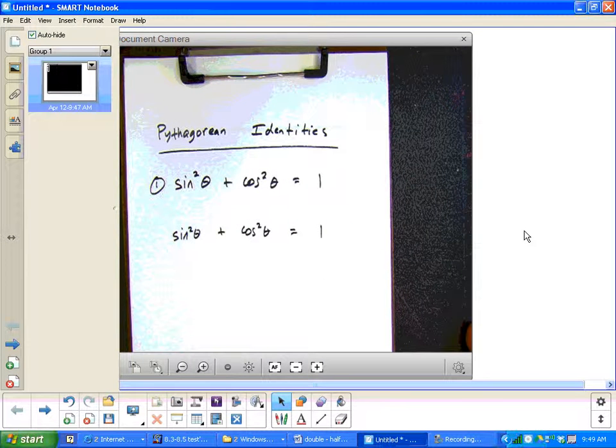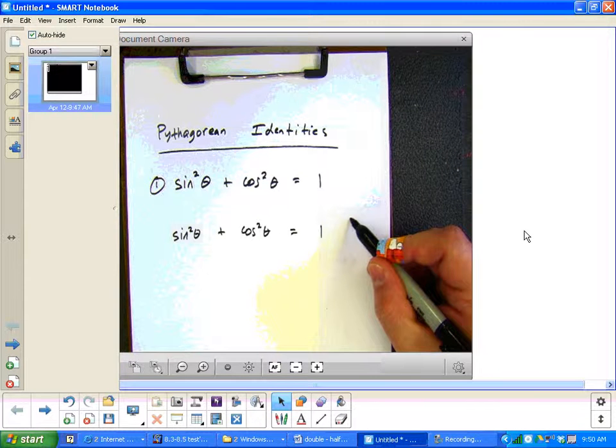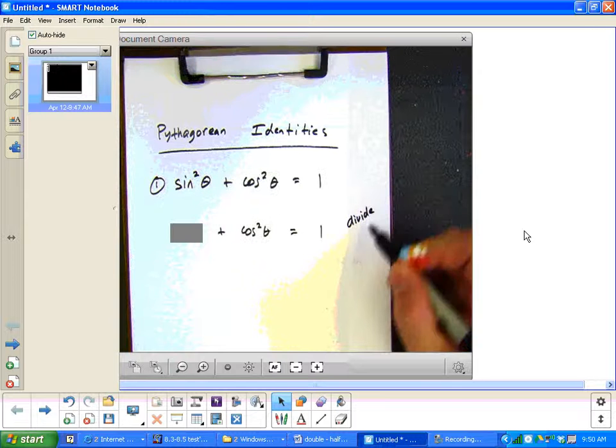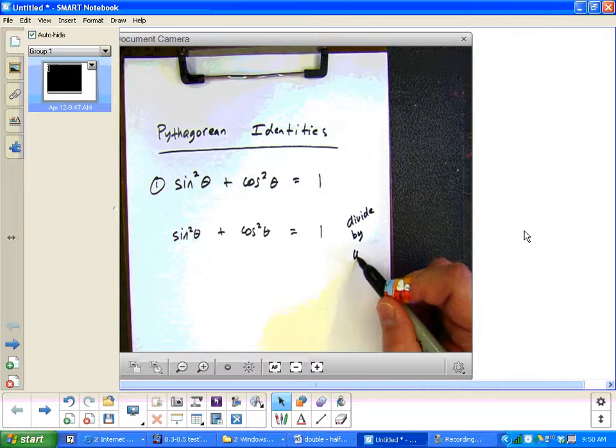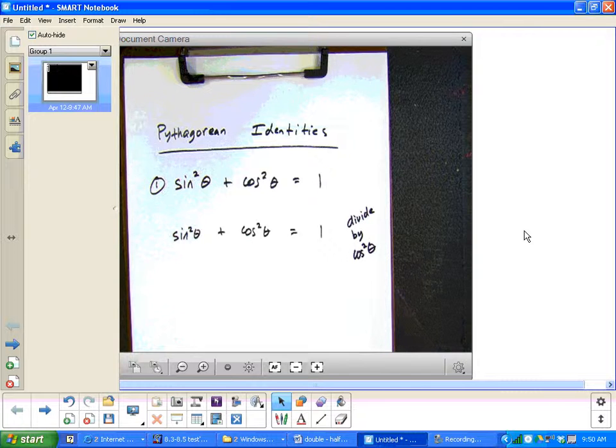What I'm going to do is take that first one and divide both sides by cosine squared theta. If I can remember to do just this, then I can remember the second and the third one.